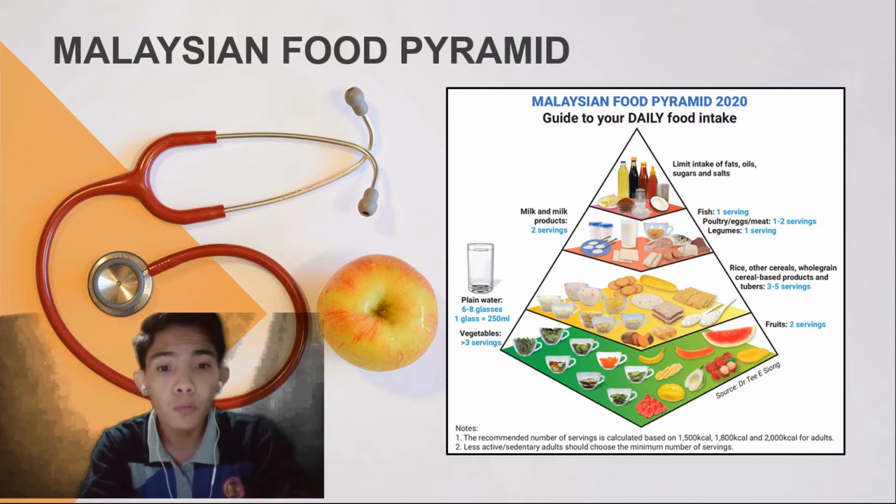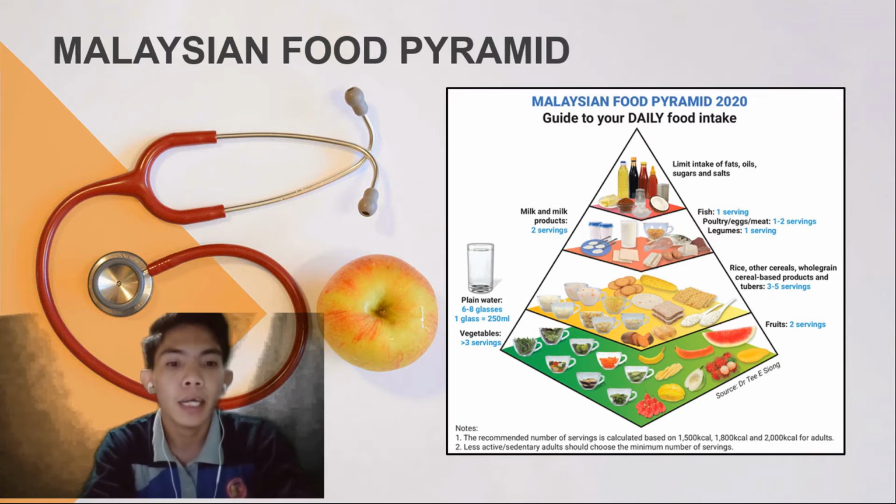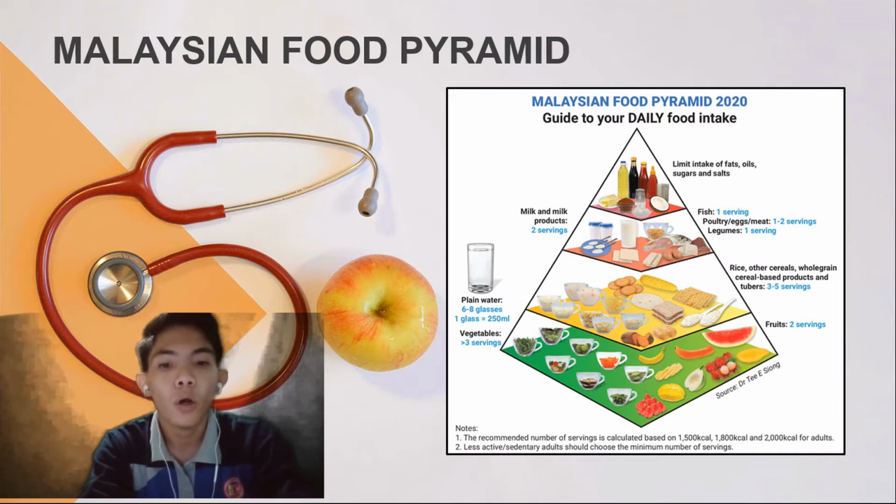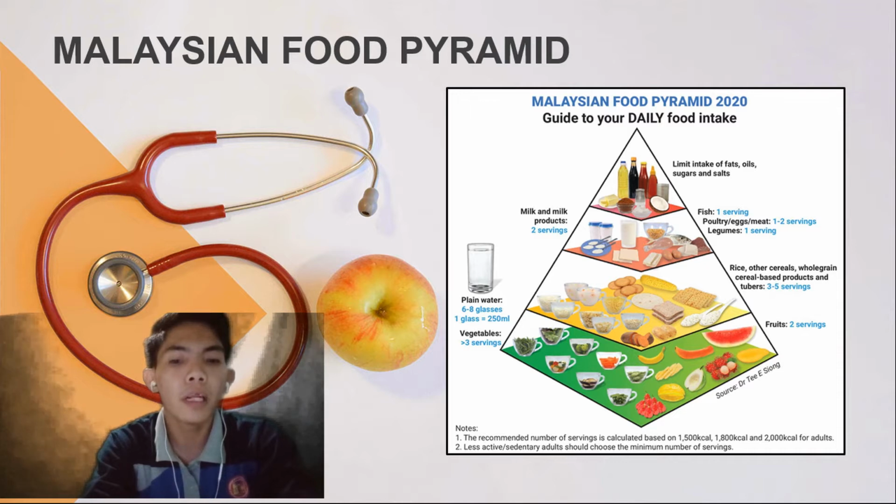A food pyramid consists of four levels that represent 5 food groups. Indicated beside each food group is the recommended number of servings per day from each group.